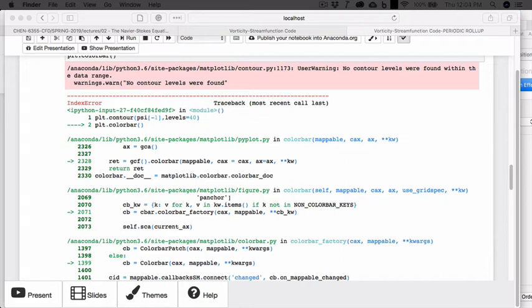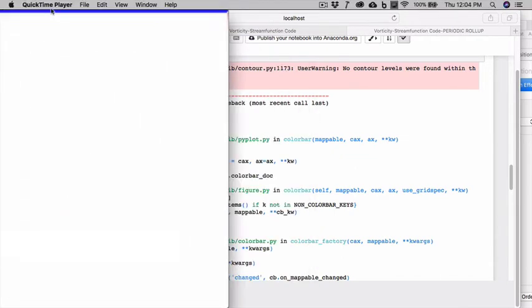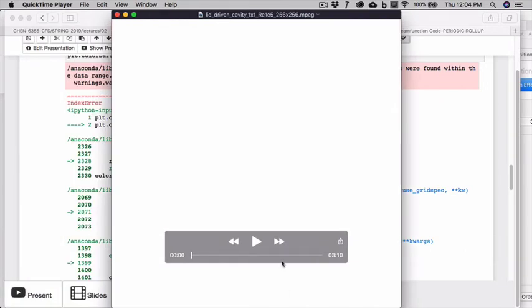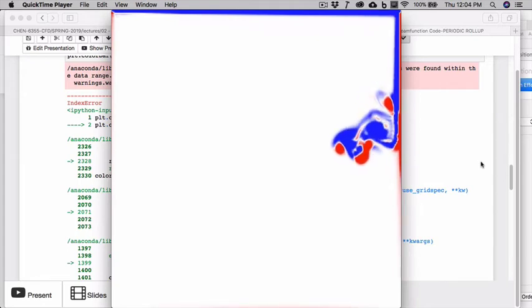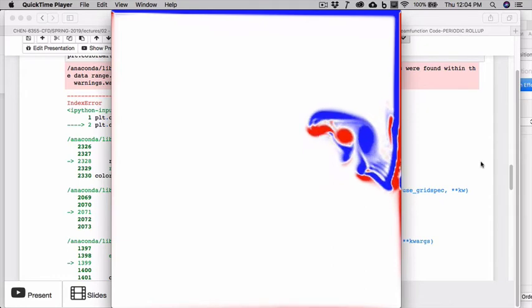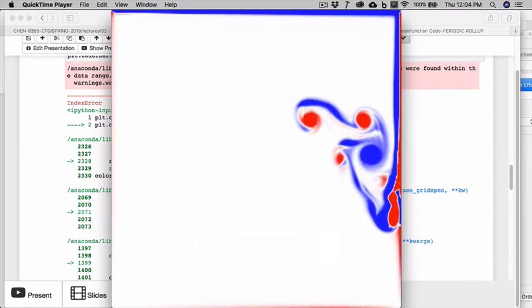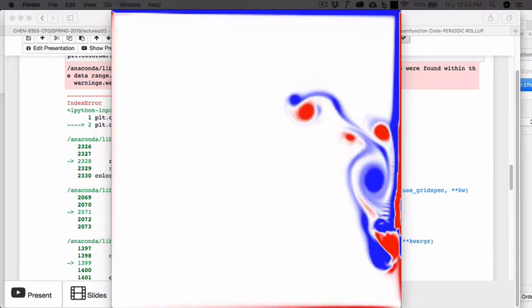So this is a very high resolution simulation of the lid-driven cavity looking at the vorticity. So the top wall is moving. So this is a really fine resolution simulation looking at the vorticity and see how the walls actually develop the vorticity.